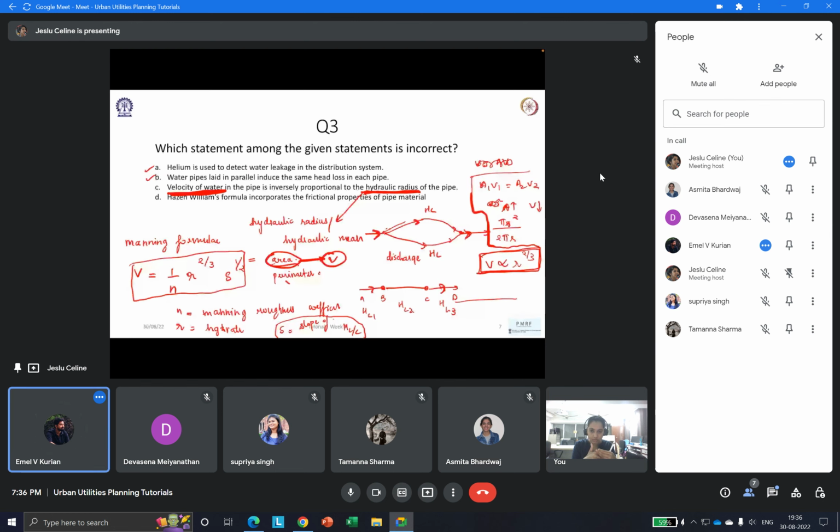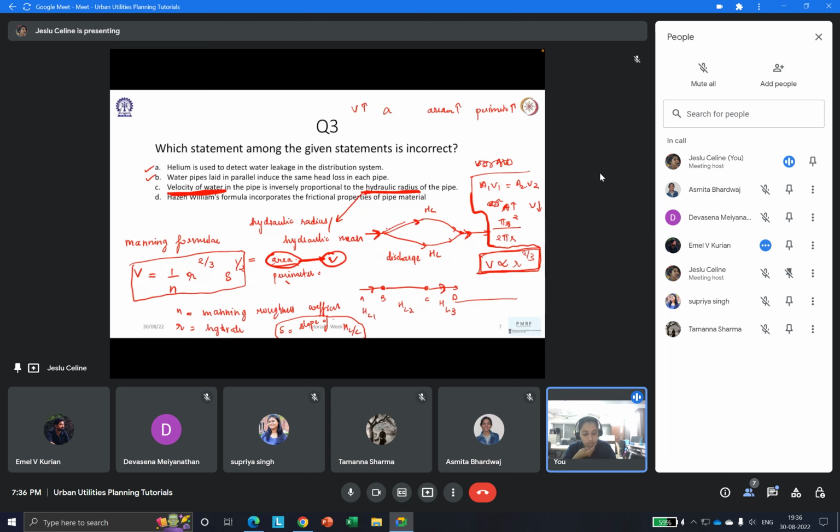I am not getting you. What I'm saying is that as area increases, your perimeter will also increase. So there is a relationship between them. We have established the velocity and area relationship, but here we are talking about hydraulic radius, which means it is not just about area.